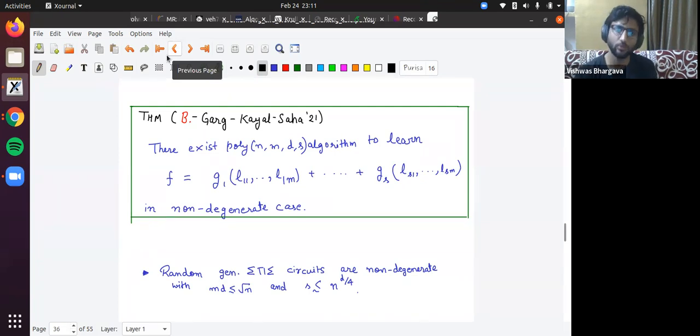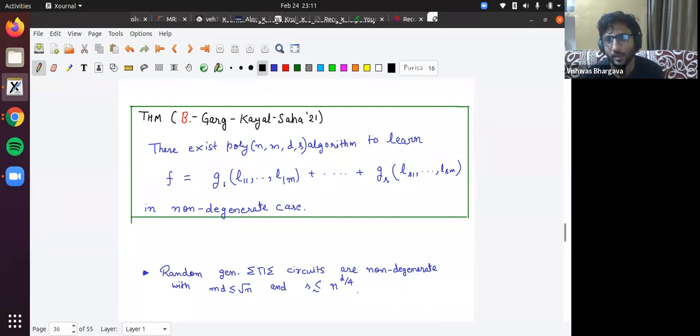So using this approach, let me tell you what recent result we were able to show with Ankit, Neeraj, and Chandan. We give a poly-time algorithm to learn generalized depth 3 circuits. What's a depth 3 circuit?